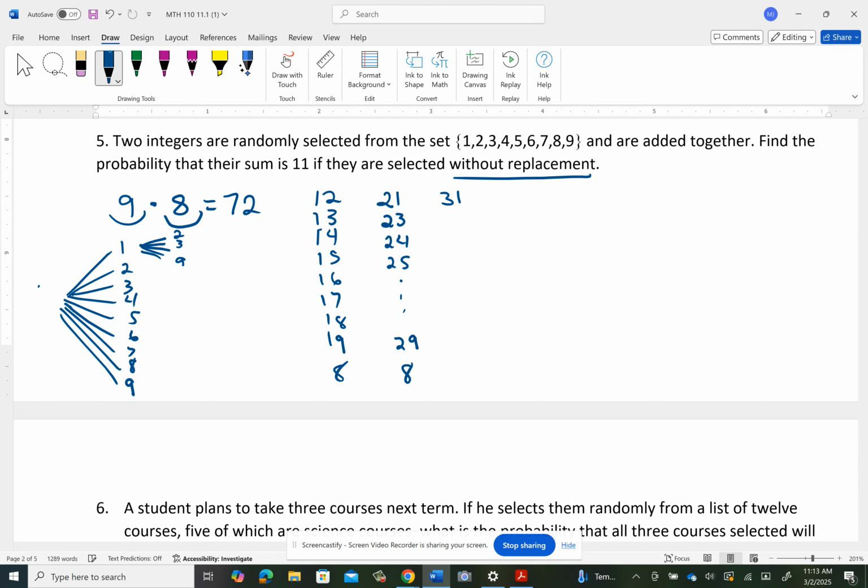So 31 all the way through 39, right? 41 through 49, you just wouldn't have, there'd be no 33, there'd be no 44, and so on. But we'd have these possibilities here, okay? So I just want to have you really see confidently why we get what we get.